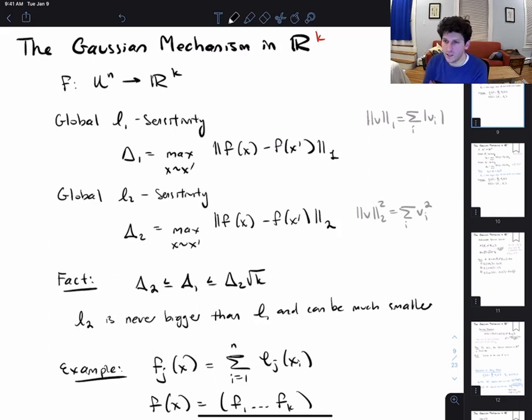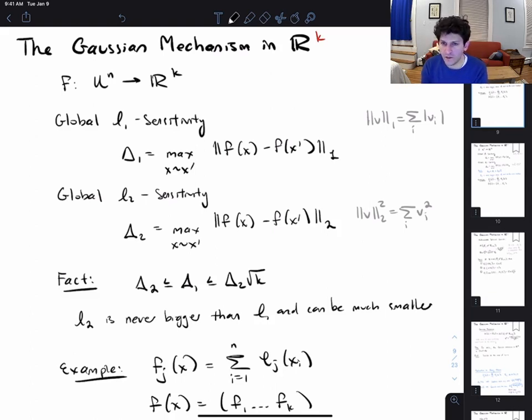To get a refresher on how we handled this case with the Laplace mechanism, we defined the global sensitivity, which I'm now going to rename the global L1 sensitivity and denote delta 1, because it's the maximum over all neighboring data sets of the difference between f of x and f of x prime in the L1 norm, which is the sum of the absolute values of all the coordinates of that vector.